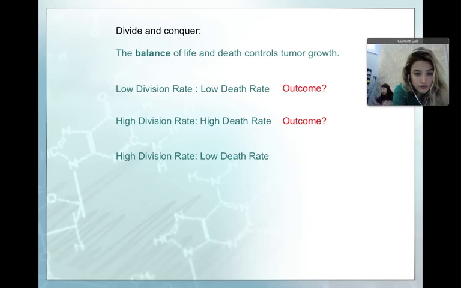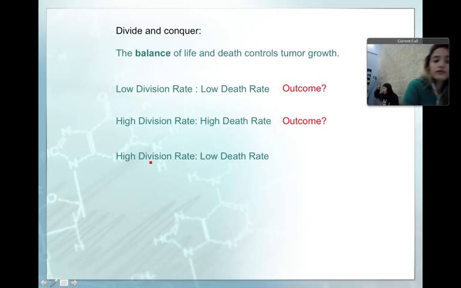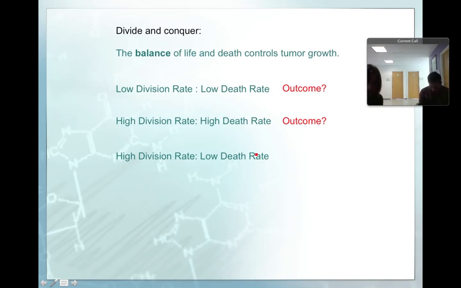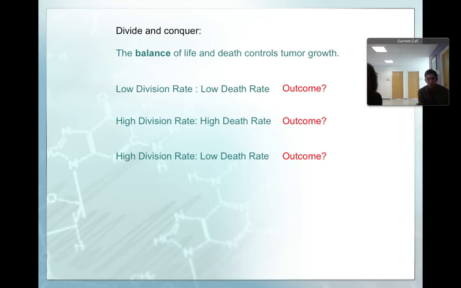The cancers that tend to be really problematic are the ones where you have a high division rate and the death rate is low. Either because the pro-life proteins are produced at too high a rate, or because the pro-death proteins, like those controlled by P53, are no longer active. Does that make sense to everybody?